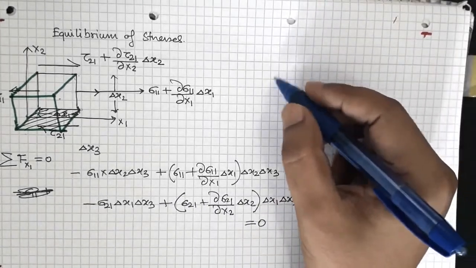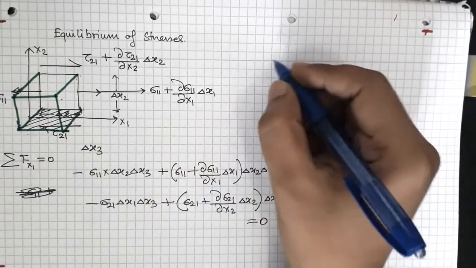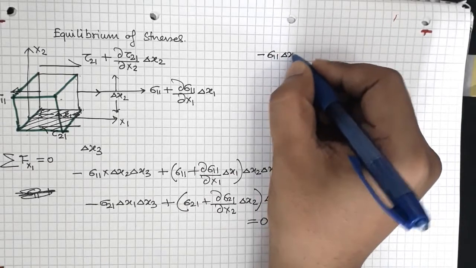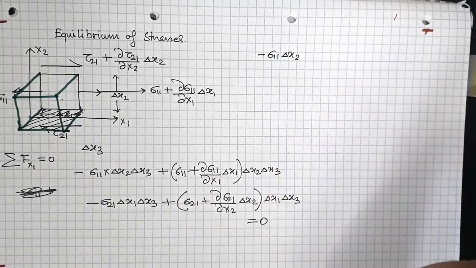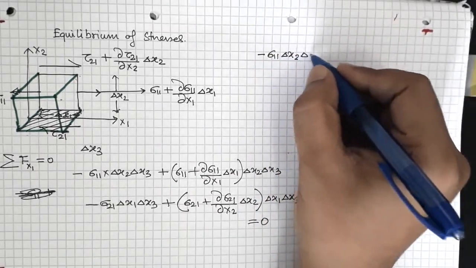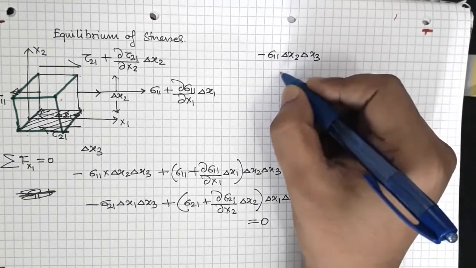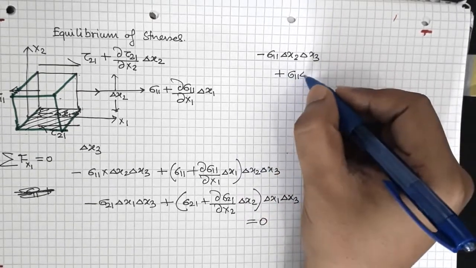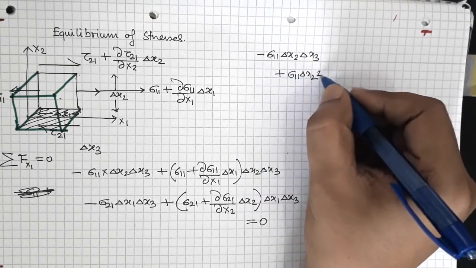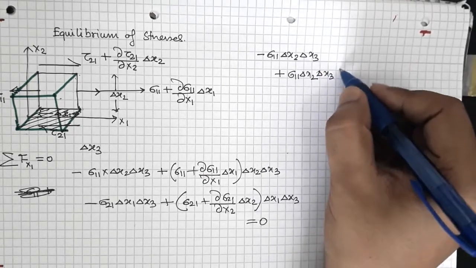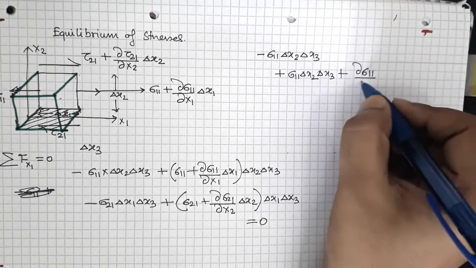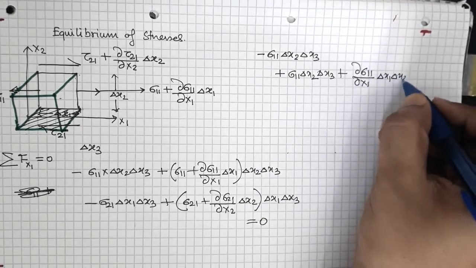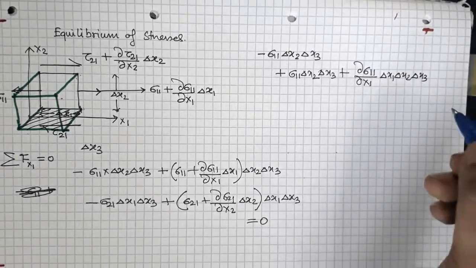So simplifying this, if you open this up, you will have minus sigma 11 delta x2 delta x3 plus sigma 11 multiplied by this, which is delta x2 delta x3, plus del sigma 11 by del x1 delta x1 delta x2 delta x3, right?